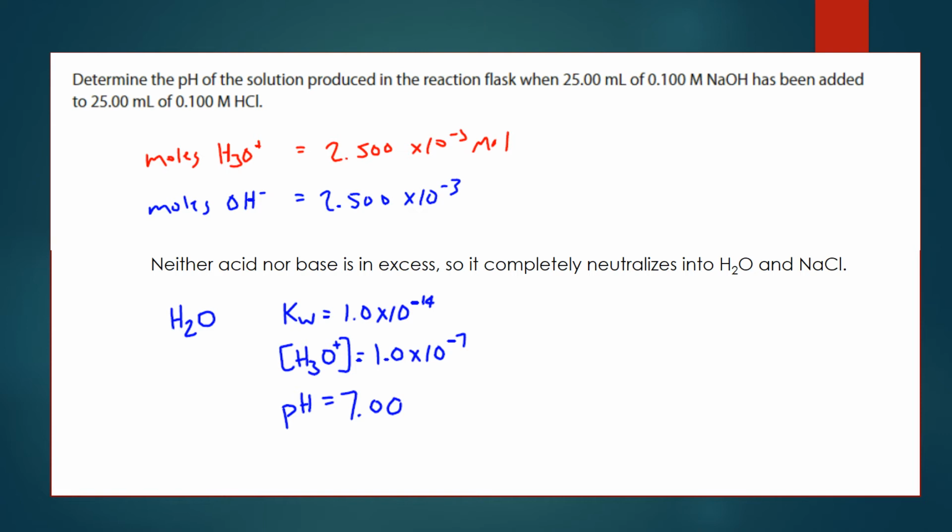In this particular solution, we have to be very careful because we don't actually have 0 moles per liter of hydronium or hydroxide. What we've done here is create a neutral solution, and neutral solutions have a pH of 7.00. Technically we have a concentration of hydronium of 1.0 times 10 to the negative 7. So we have to be a little careful with this question because it doesn't follow the exact same pattern, but we use our logic, because we know that when we have a completely neutralized solution, our pH is 7.